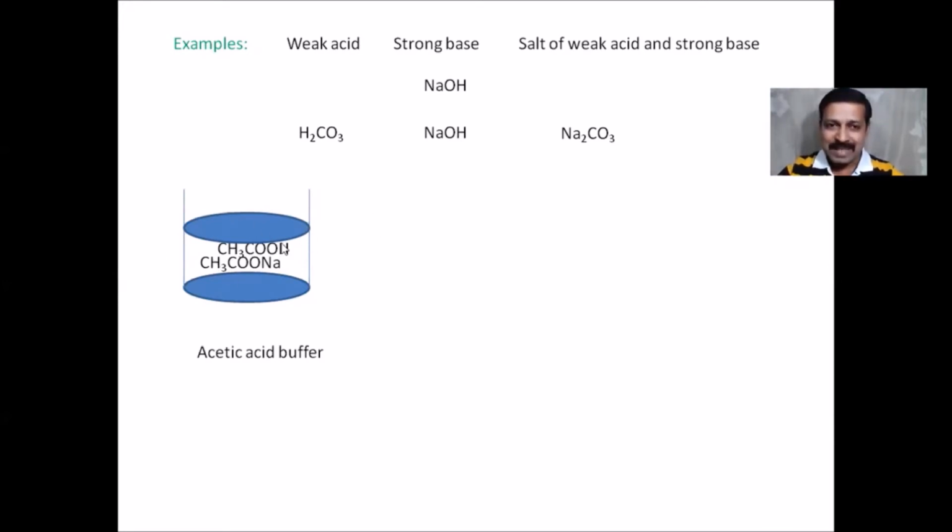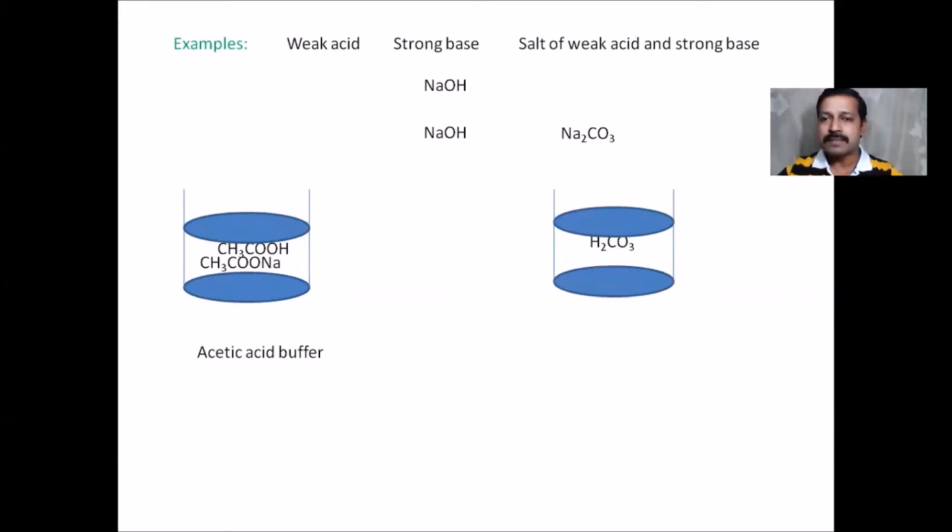And since it has acetic acid, therefore it is an acetic acid buffer. So this is how it is prepared. Secondly, take another beaker, another certain amount of water, dissolve carbonic acid, dissolve sodium carbonate, dissolve them properly. Whatever solution is obtained, that will be an acidic buffer, and this will be specially called a carbonic acid buffer.